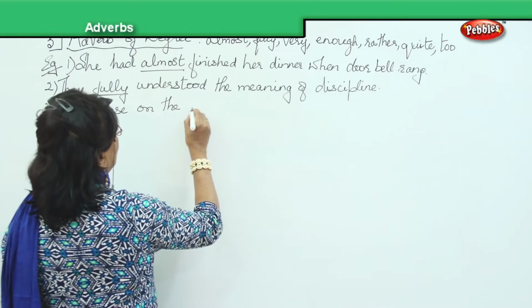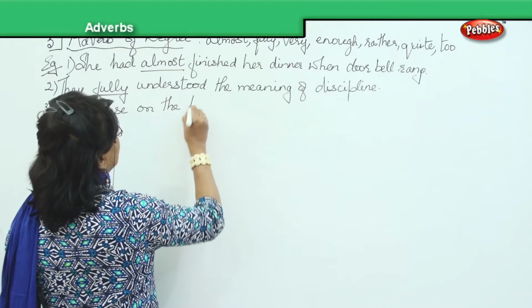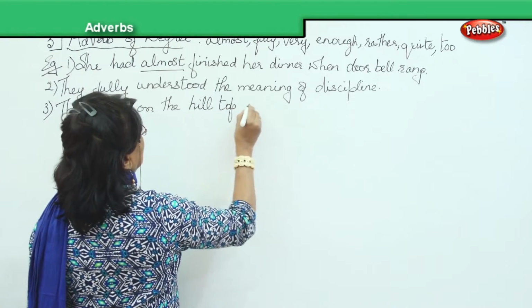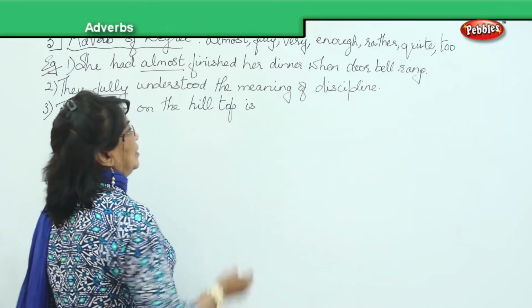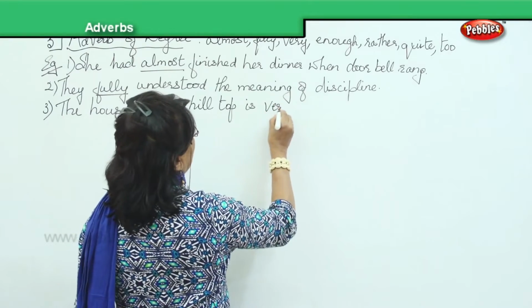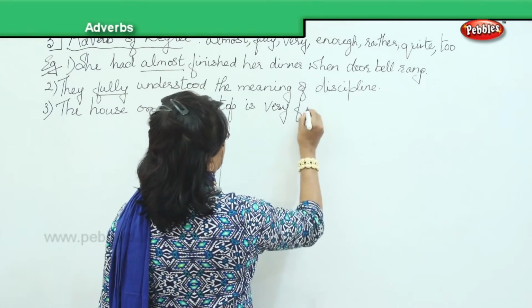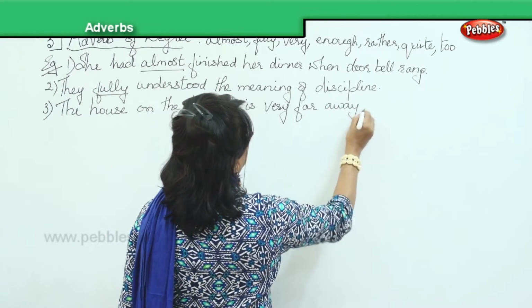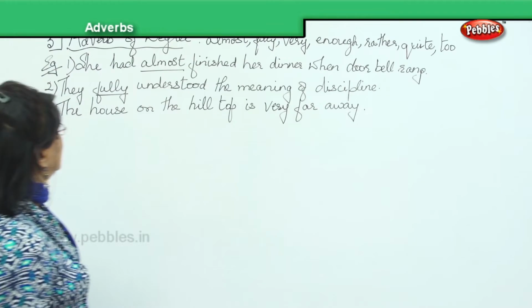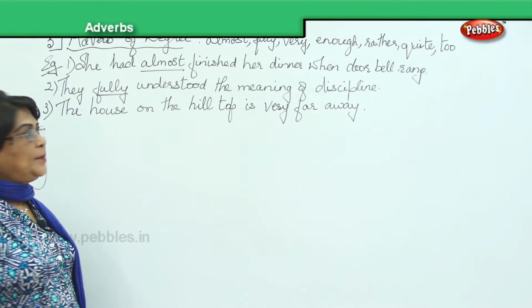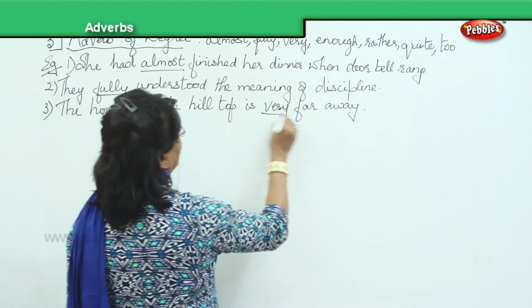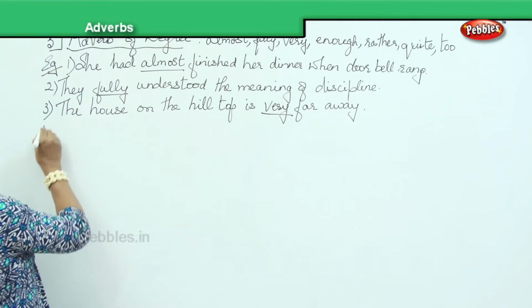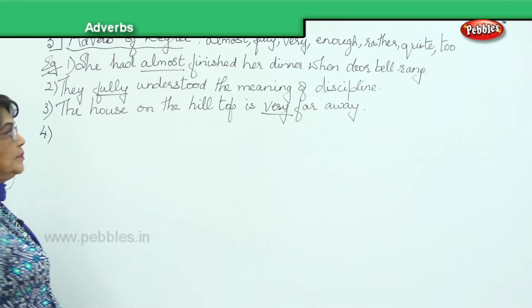The house on the hilltop is very far away. The house on the hilltop is very far away, very. Next sentence.